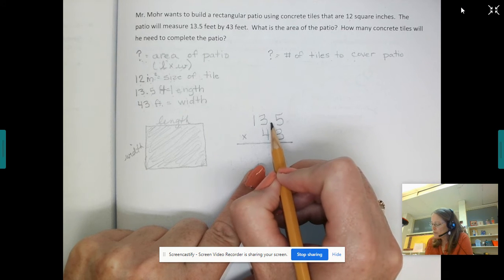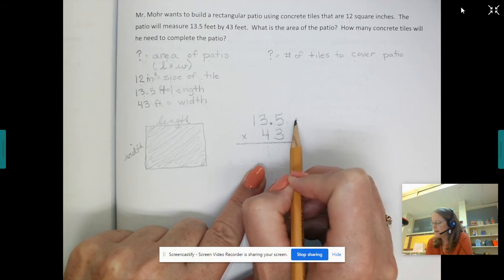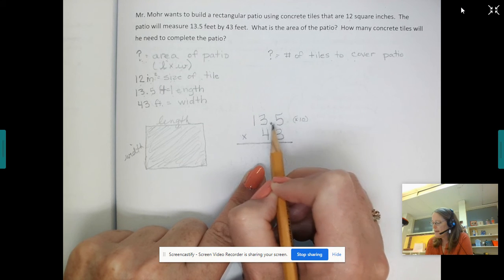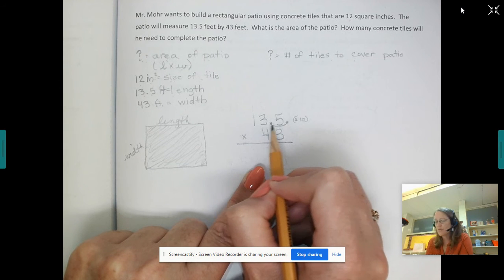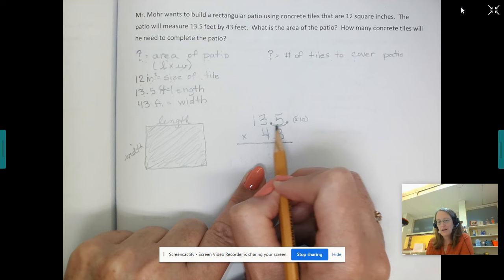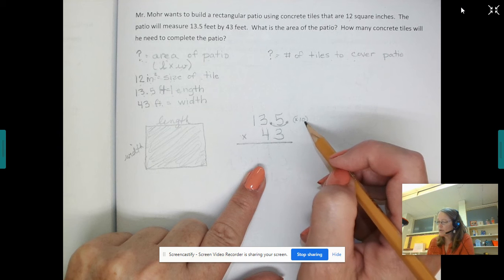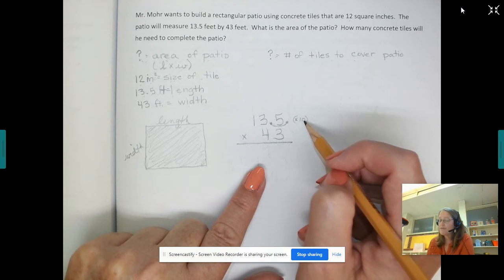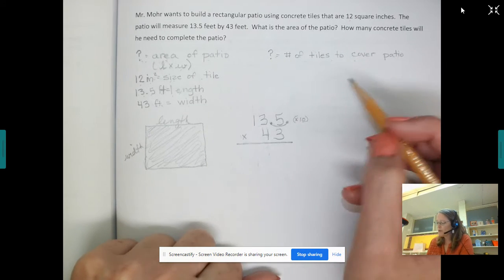So remember that we learned last week, I can multiply 13 and 5/10 by 10, and that will move that decimal over, and now I have 135. Okay, now I can multiply, but remember when we get down to the product, we're going to have to undo what we did. We're going to have to divide by 10. So let's go ahead and multiply.